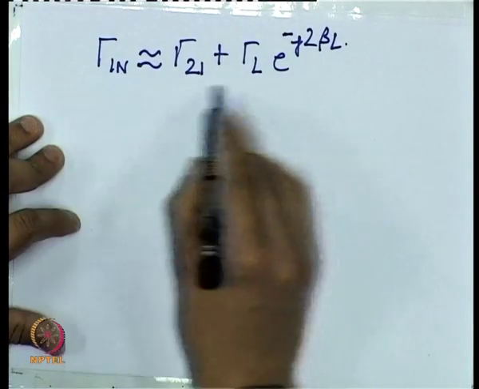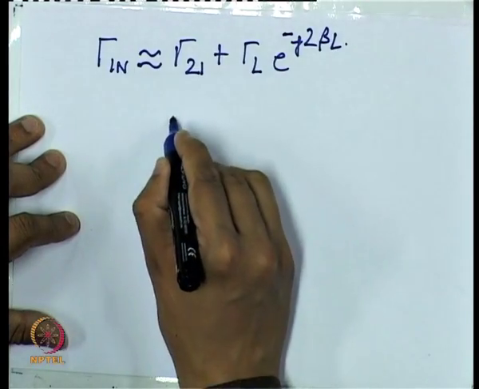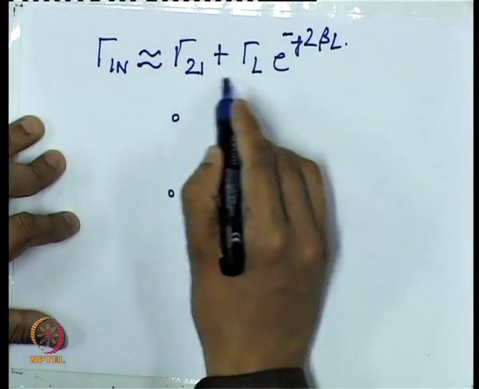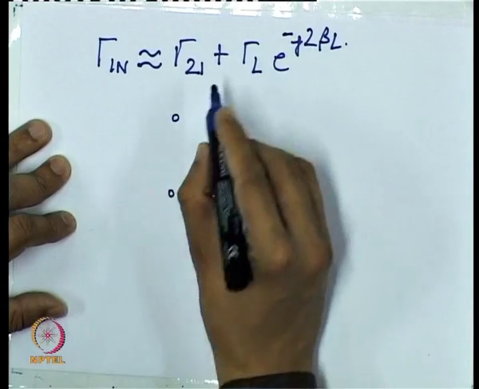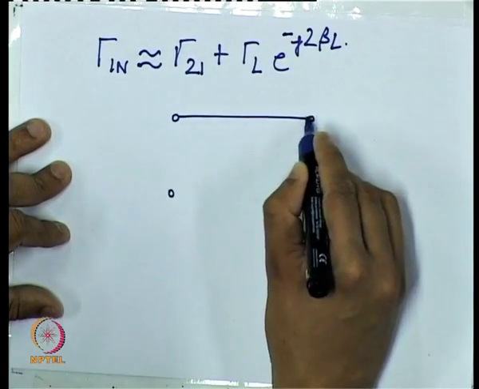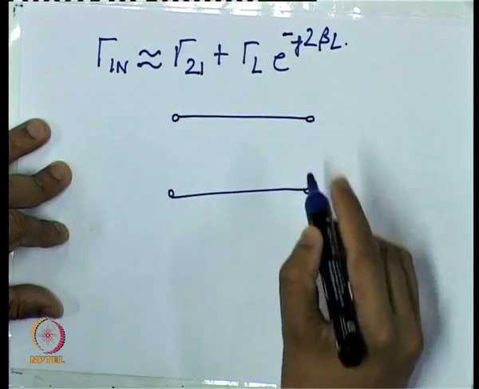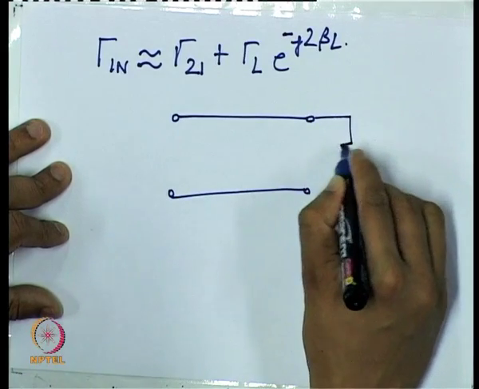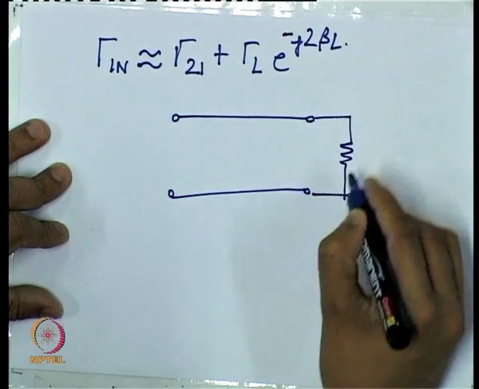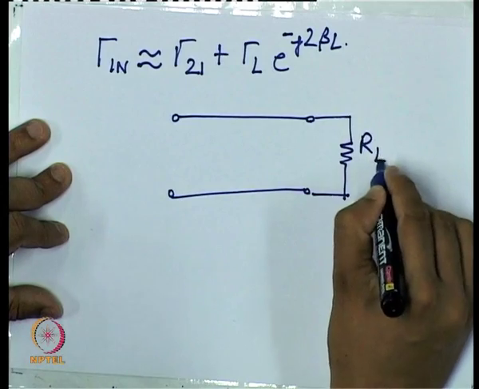Now, what is the significance of this expression? This is of course a simplified sum of two quantities, but if we just want to see the physical significance of this expression, then we can go back to our circuit.